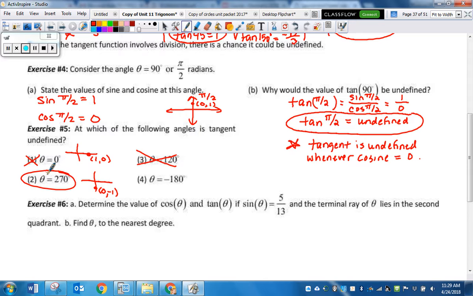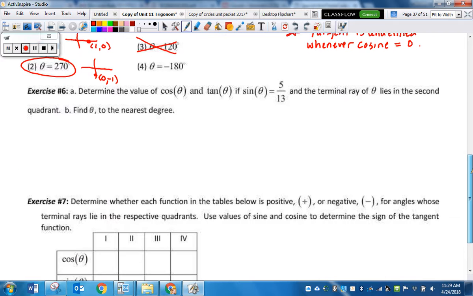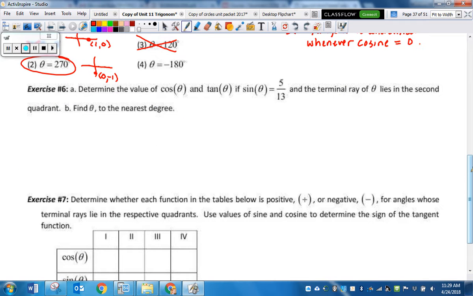All right. So, determine the value of cosine theta and tan theta if sine theta is 5/13, and the terminal ray of theta lies in the second quadrant. And then find theta to the nearest degree. Draw a picture. You guys should be able to draw a picture of that. You should be able to do it, but let's just draw a picture. Get a picture drawn for ourselves, see if we can fill in the diagram based off what they told us. Label theta.